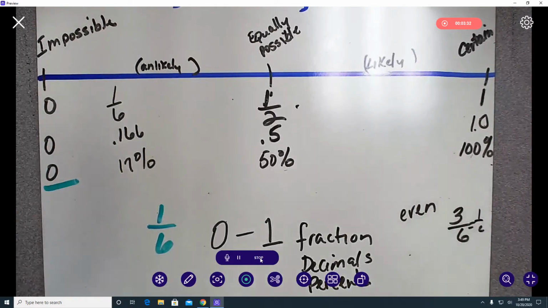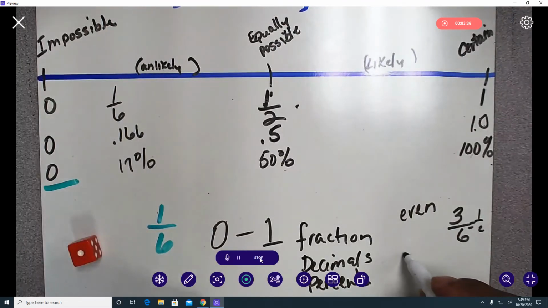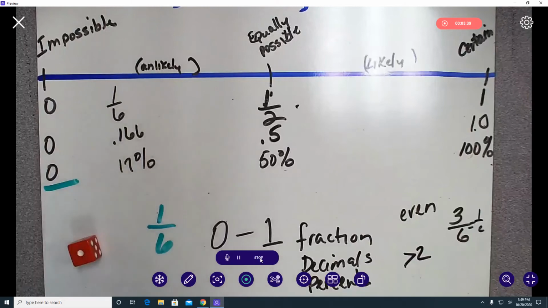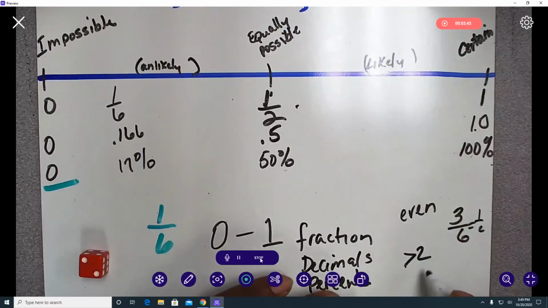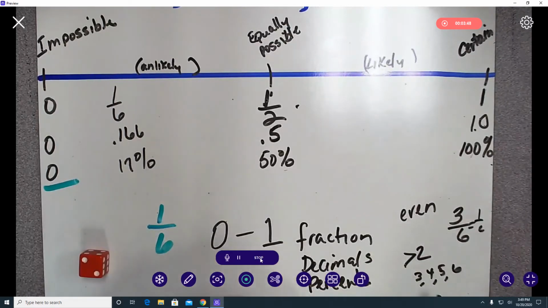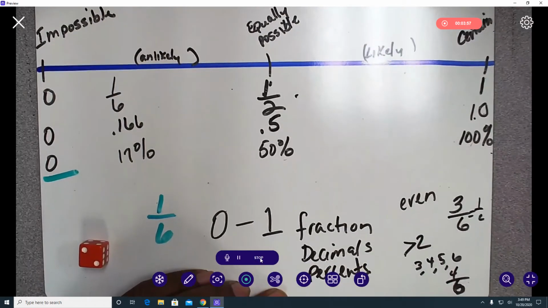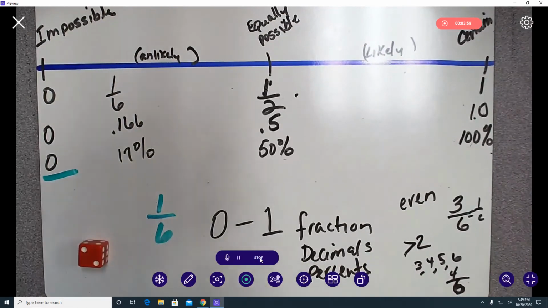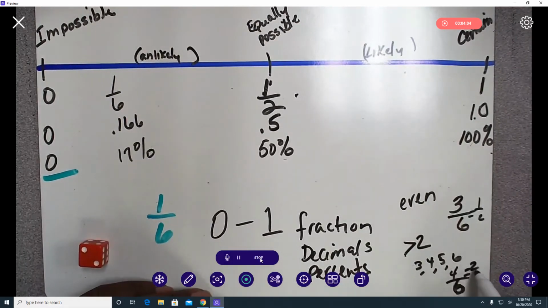Now let's say we want to roll a number that is greater than 2. Well, we know there's 3, 4, 5, and 6. That's 4 numbers greater than 2. So that would be 4 over 6, which equals 2/3.